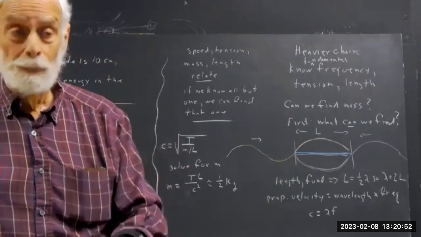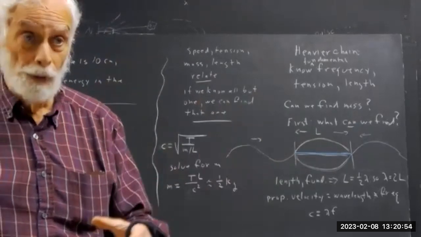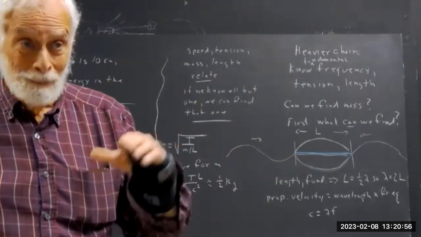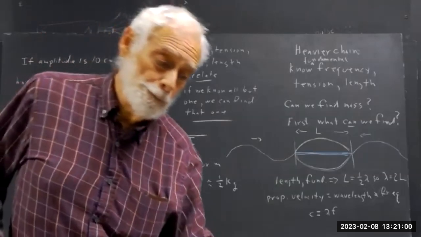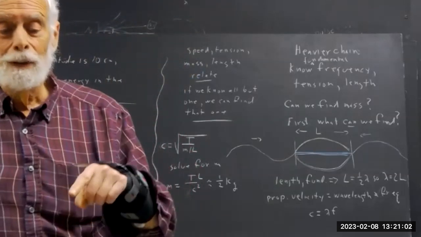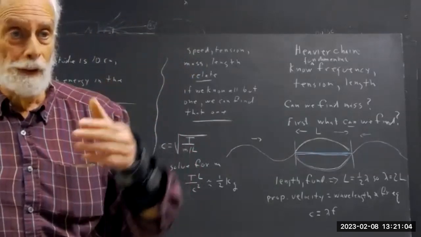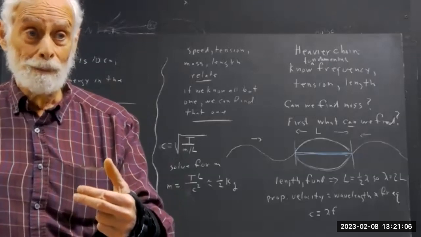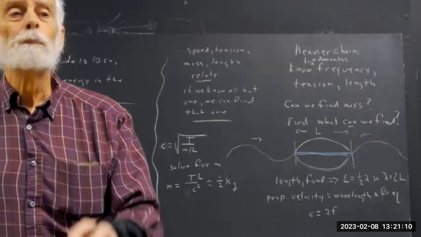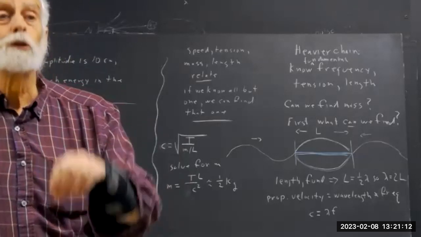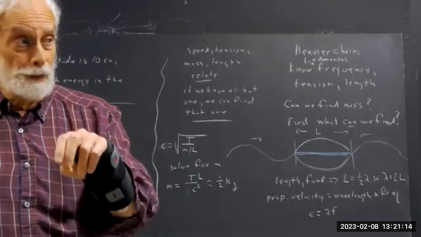So if we know simple harmonic motion, which y'all did pretty well with in the final, we can easily, if we know the amplitude and frequency, find out the maximum velocity. So every particle has a maximum velocity, but at every point in the simple harmonic motion, its total energy is the same as it is at equilibrium.